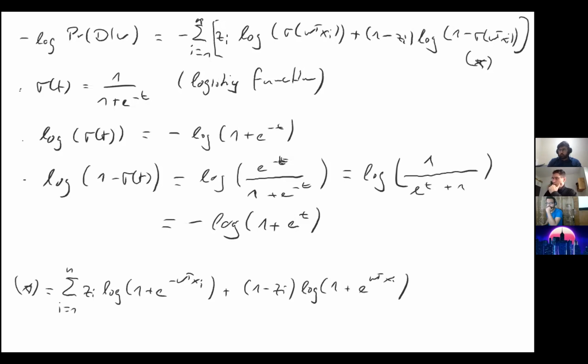Okay. Now, zi is either 0 or 1, so we can simplify these n terms by saying that I just sum over all zi equal to 1.